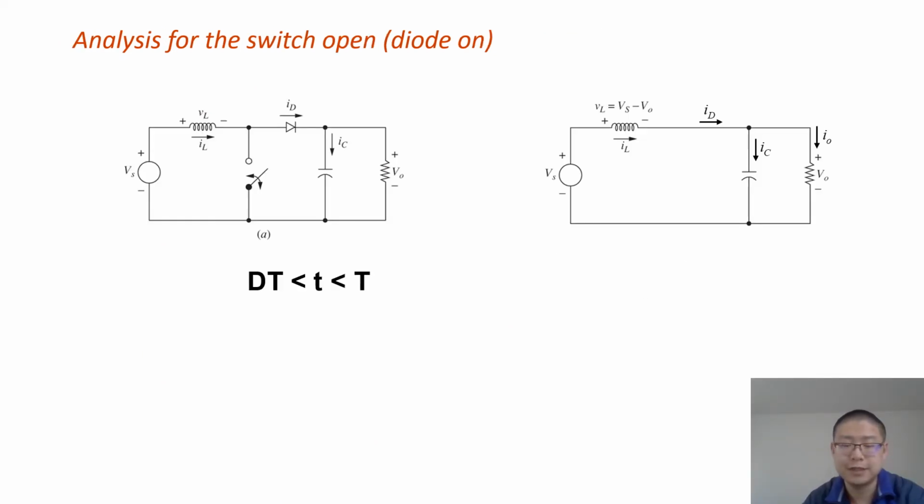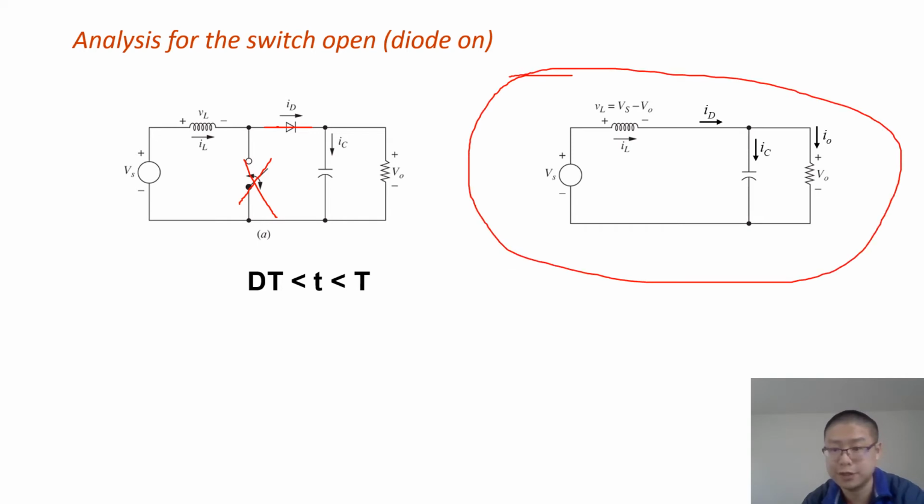So next, let's analyze the scenario when the switch is open. That is when time is between dt to t. When the switch is open, the switch circuit we treat it as open circuit, and the diode is forward biased, so we treat the circuit as a short circuit, so we can obtain the equivalent circuit.